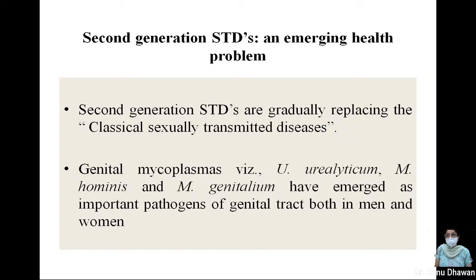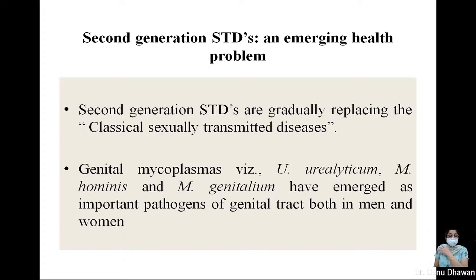You must also remember that mycoplasmas, in addition to causing disease in animals and plants, are also found in humans as commensals in the genital tract as well as in the respiratory tract. But the pathogenic ones are those just enumerated amongst the genital mycoplasmas, and amongst the respiratory mycoplasmas, the pathogenic one is Mycoplasma pneumoniae, which is not going to be discussed in this lecture.